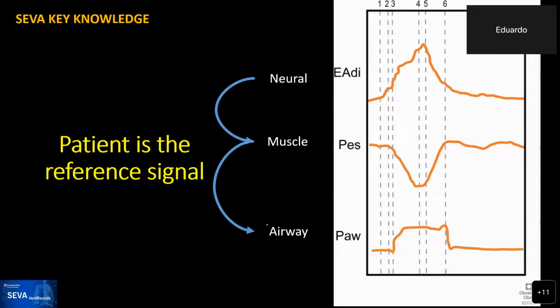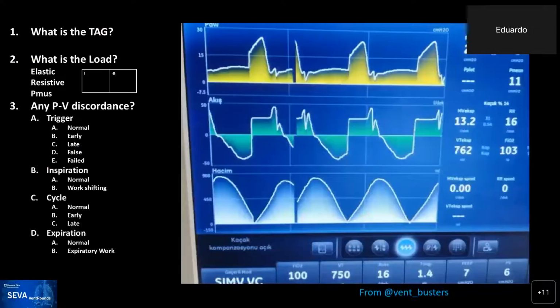And in our case, when we are looking at waveforms, the majority of the time we don't have any of those two. And we're looking for features that tell us that there's Pmus, or pressure from the patient. And so what you're looking for is the presence of deflections on the waveforms, usually the pressure or the flow waveform. So that's the basic concepts that you need to keep in mind as we're talking today.